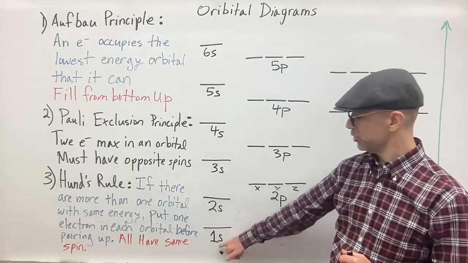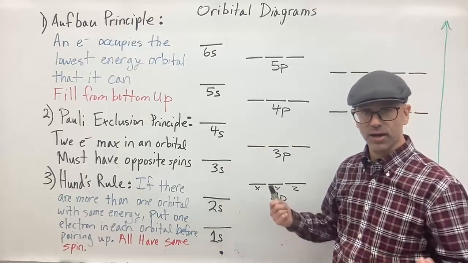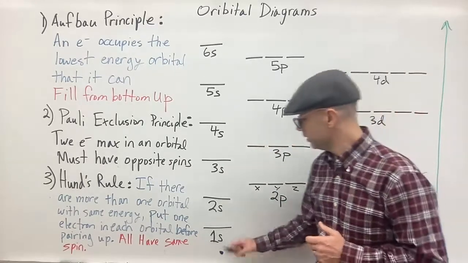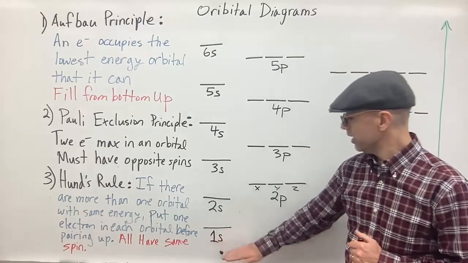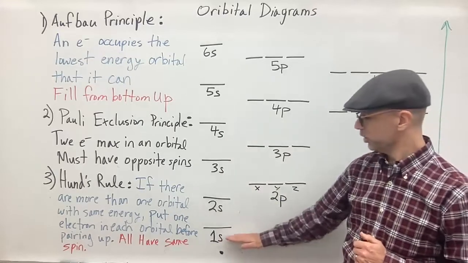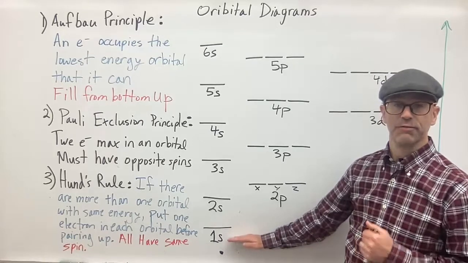So think of the energy levels as floors of your building. Maybe that analogy works for you. Electrons don't want to go all the way up. They want to be lowest to the ground. They want to be down here if there's room.